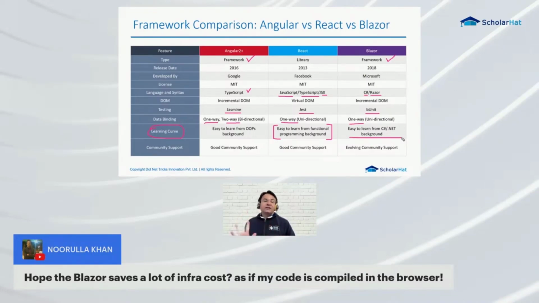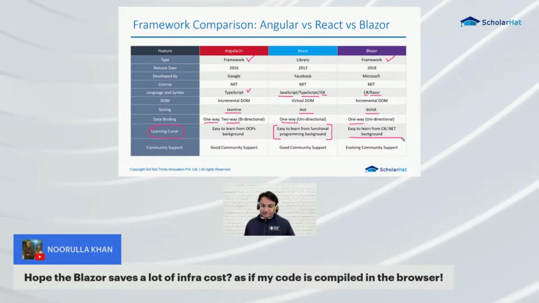Now you don't need to learn TypeScript, you don't need to learn Angular, you don't need to learn React and many libraries. You just have to focus on C#, Razor, and Blazor, and of course ASP.NET Core MVC sometimes. Using these things, you can build your complete end-to-end full stack web application. So this is about Blazor.